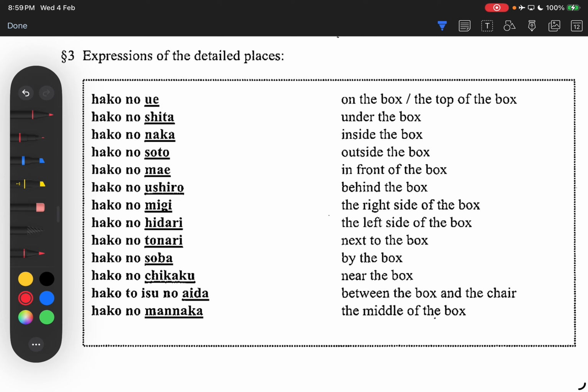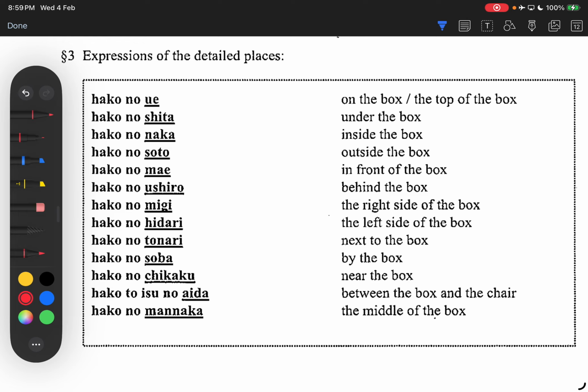The に is the positional particle here. So 上にあります means it is on top of the box. 箱の上 is on the box.